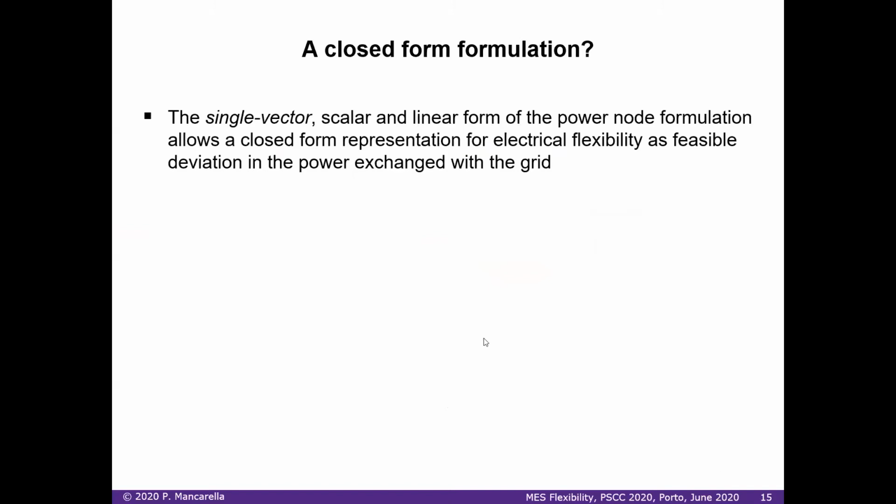First of all, when you look at the power node formulation, so only electricity, that is effectively a single scalar vector, and if you want to keep it simple, in linear form, it can be represented in closed form. So if you want to analyze the flexibility with respect to the electricity grid, meaning how much you can modulate, for example, your electricity input into a certain system, you can write it in closed form because you can invert the system, which is scalar.